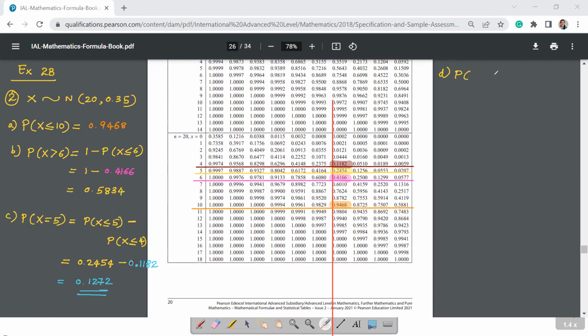Okay, so the last part, you're supposed to find the probability x is greater than or equal to 2, less than or equal to 7. Guys, what x values are included here?